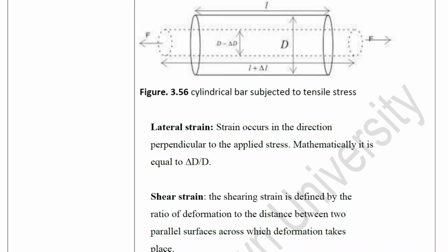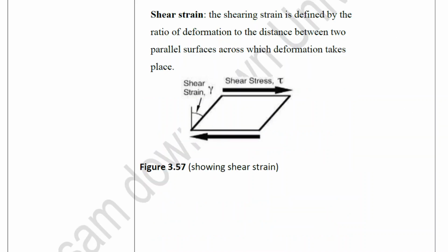Now come to shear strain. What is shear strain? Shear strain is defined as the ratio of deformation to the distance between two parallel surfaces across which the deformation takes place. If you see the figure, there are two arrows.